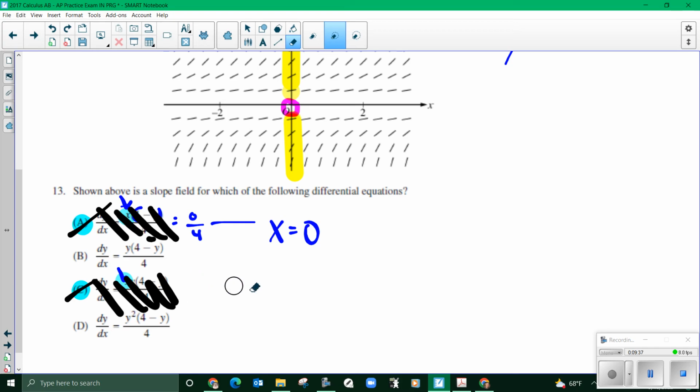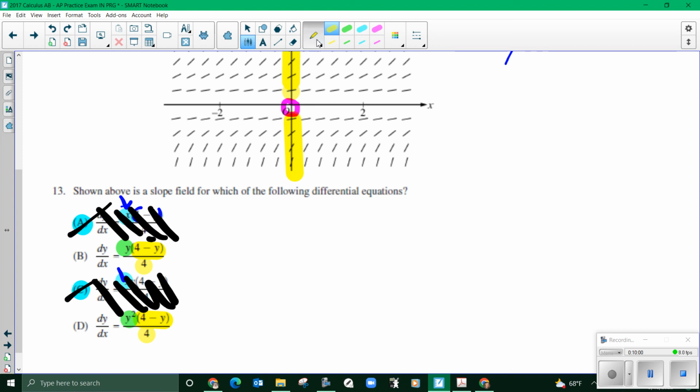All right. So now that leaves us 2 more to evaluate. The only difference between choice B and choice D is you have a y and a y squared. Everything else is the same. You still have 4 minus y over y, 4 minus y over y.